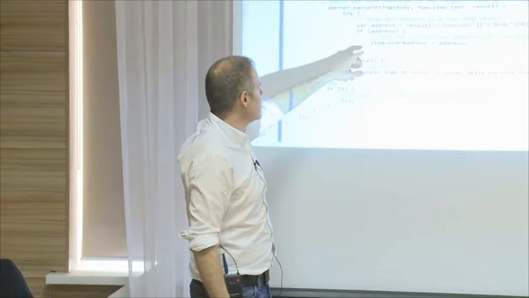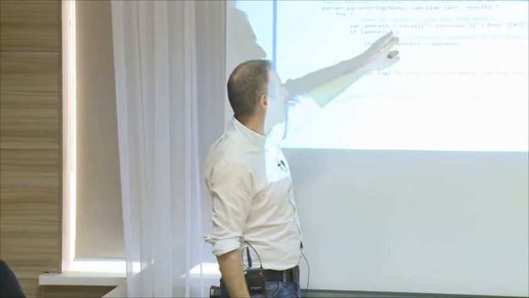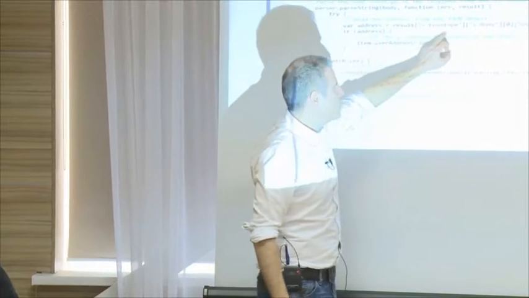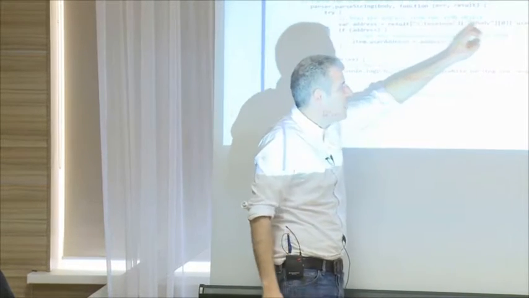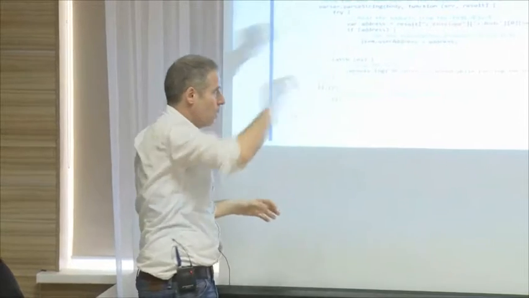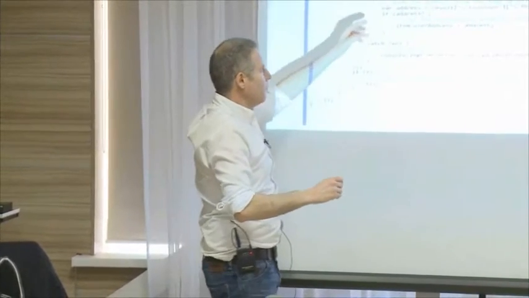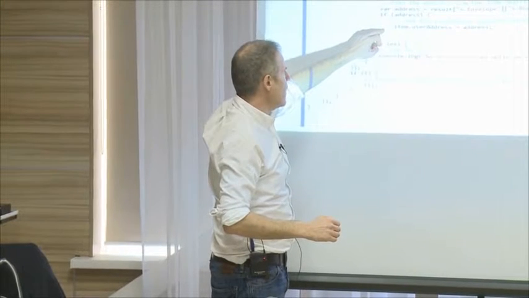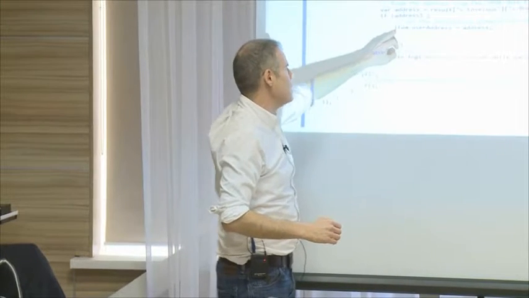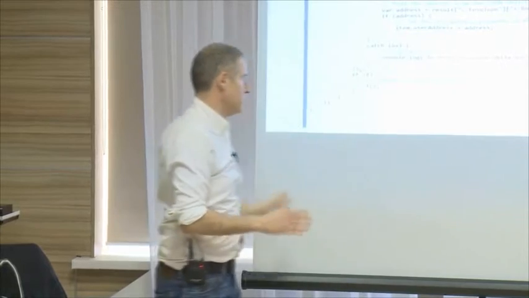If I'm successful, I get the address from the JSON object, because at that point it's really a JSON object, so I can navigate through it. And if the address is not null, I set item.useraddress equal to address.